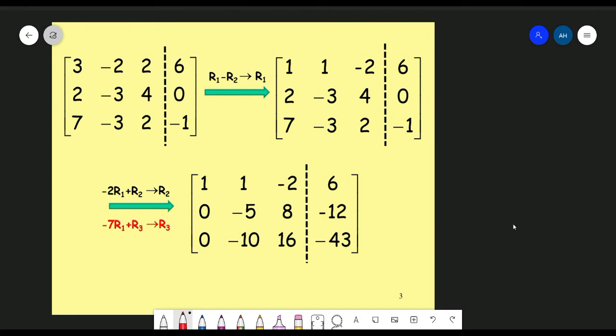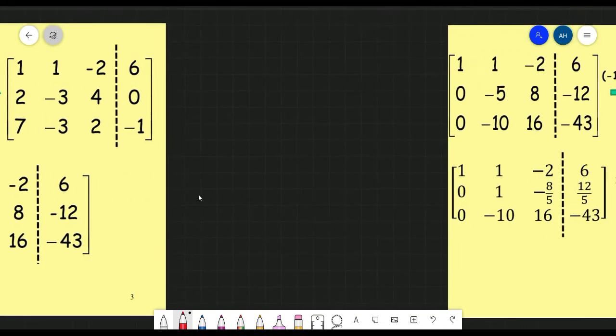If we look at this matrix now and check whether all the numbers here fulfill the requirement for our target, it seems very clear that it is not yet, especially in row number 2. You see, we have negative 5 at this position, but we want to have 1 there. So how to change from negative 5 to 1?